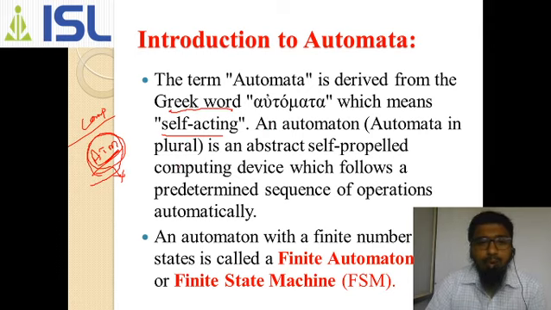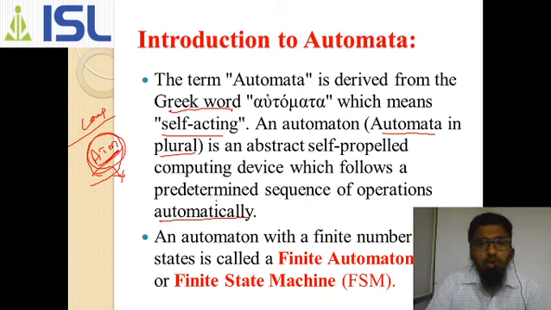Automata is plural and automaton is singular. Automata is an abstract self-propelled computing device which follows a predetermined sequence of operations automatically, as we saw in the previous slide.